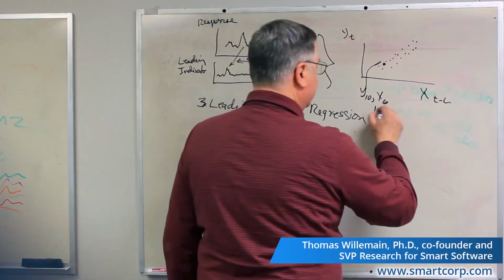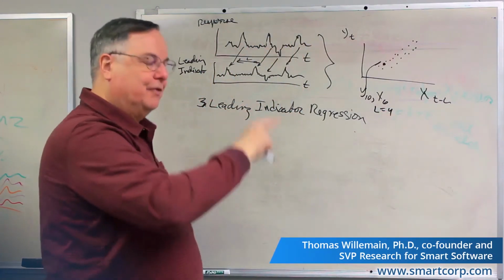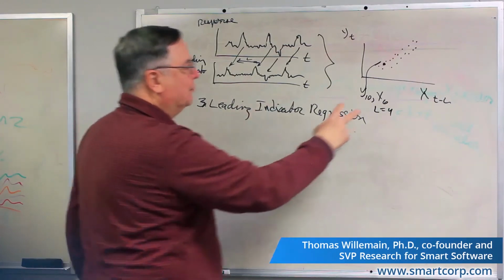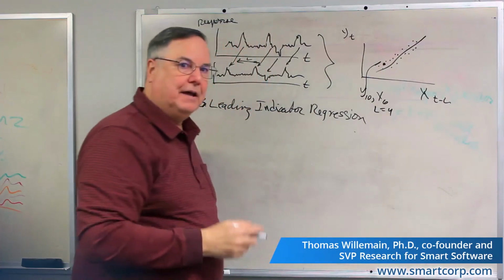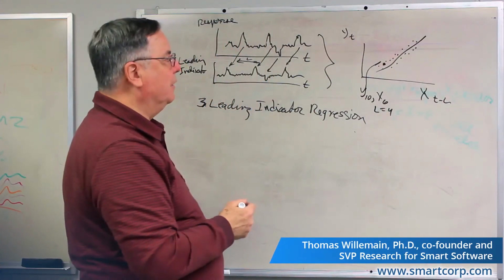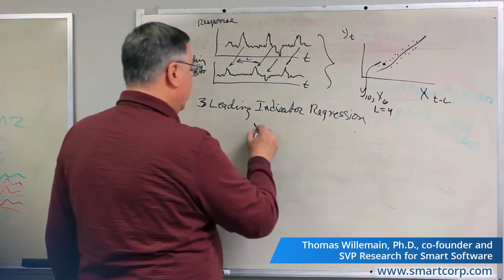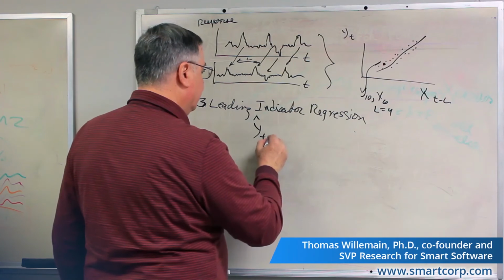And so in this case, L would be 4. There's a 4-month lag between the cause and the effect. But that's the only difference. Once you're in this situation, it's just the mechanical problem of finding the regression line that summarizes that data relationship. And you will have a forecast of y at a future time.